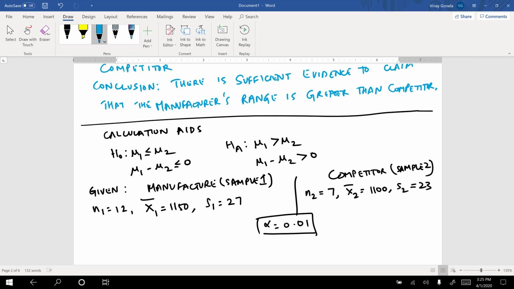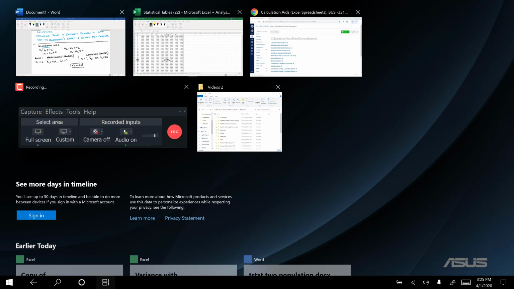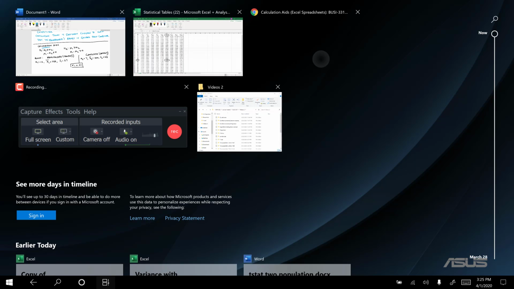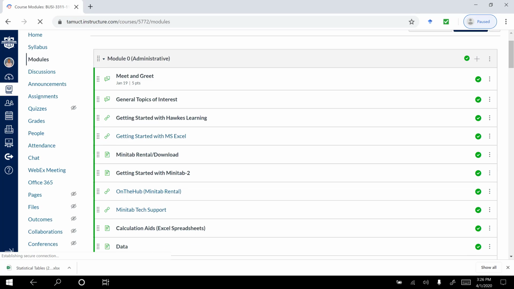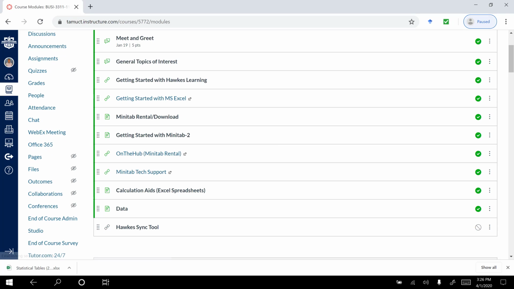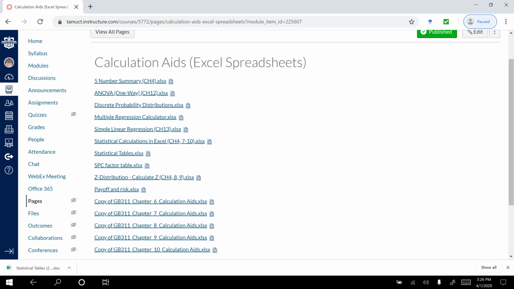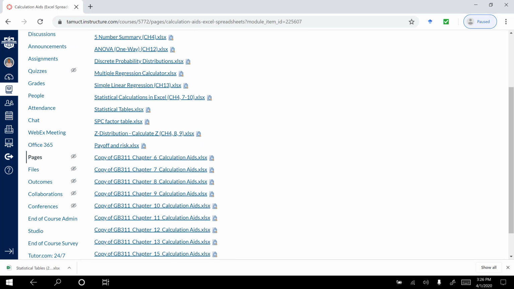So once we have this, I will key in these values into our calculation aids. So I go here and then go to modules, module 0, and then calculation aids, and chapter 11 calculation aids.